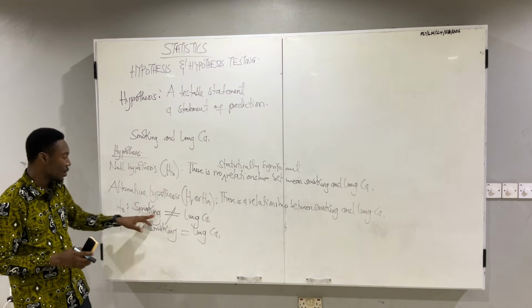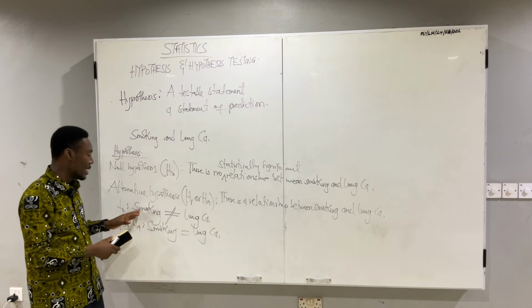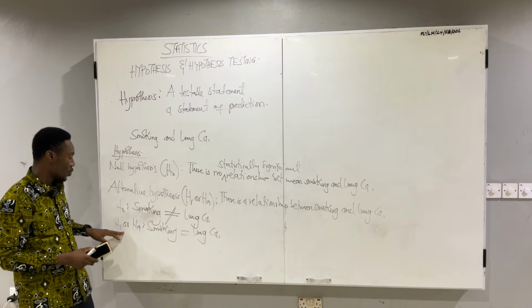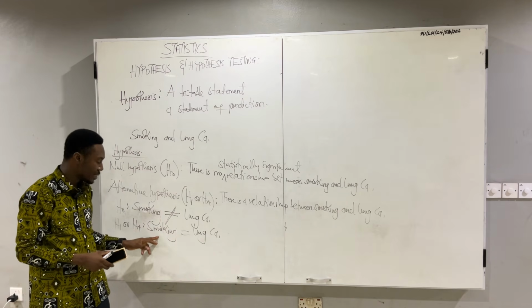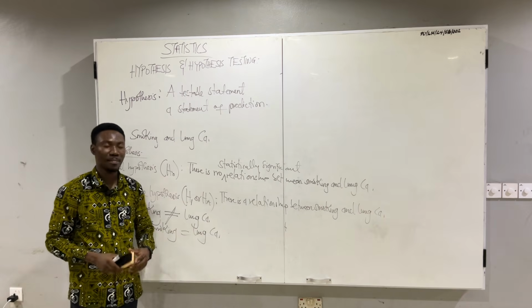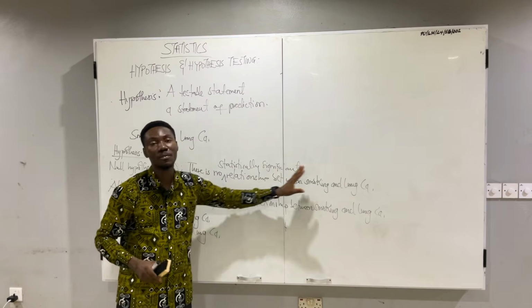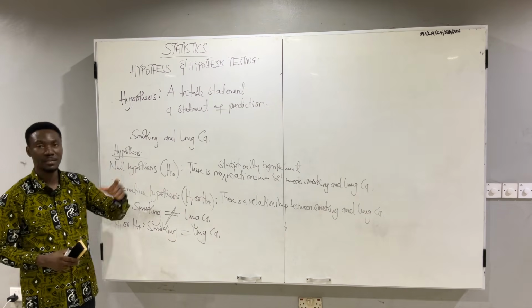So when I write smoking is equal to, then you slash it, you cancel the is equal to, it means there is no relationship between smoking and lung cancer. Then H1 or HA, smoking is equal to, meaning there is a relationship between smoking and lung cancer. But please, usually go with the statement form. All the time when you are asked to write hypothesis, go with the statement form.